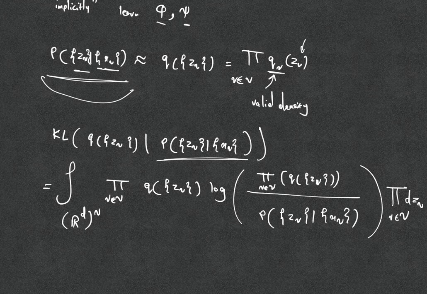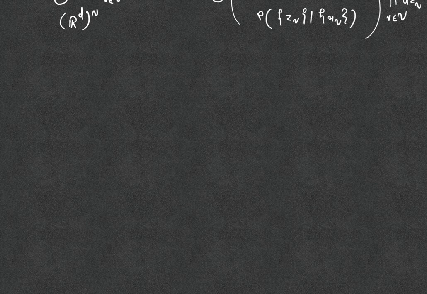However, it can be shown, from different techniques that are outside the scope of this lecture, that the QV of ZV that minimizes this KL must satisfy this fixed point equation.